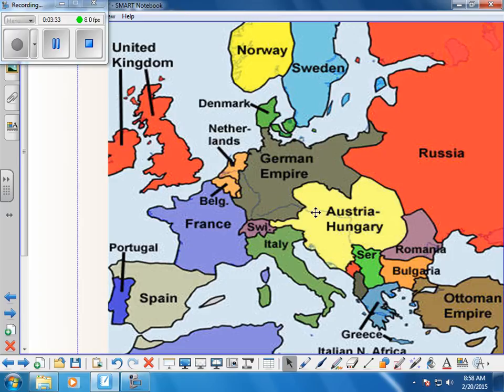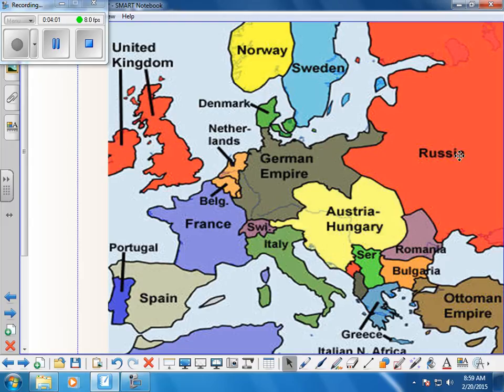Other parts of Austria have united with Hungary, and this small empire is now controlled by one family, an Austrian family, and so this is known as the Austrian Empire. The Austrian Empire actually did scroll down into this area here, and so had gathered up some land from these areas out of the Ottoman Empire.